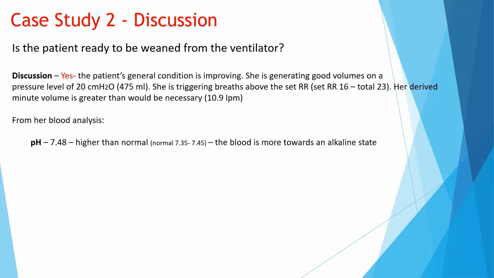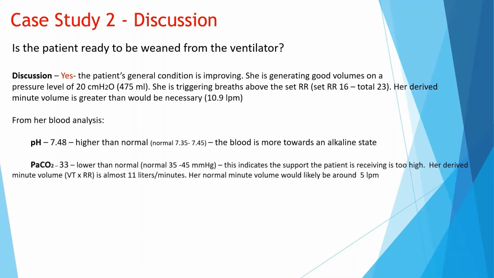From her blood analysis, the pH is higher than normal, showing the blood is more towards an alkaline state. The PCO2 is lower than normal at 33. This indicates the support the patient is receiving might be too high. Her derived minute volume is almost 11 liters per minute, while her normal minute volume would likely be around 5 liters per minute.